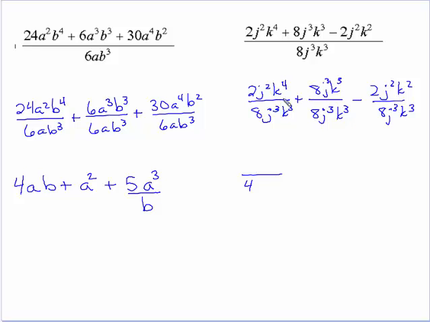I have a 2 and a 3. 3 minus 2 is 1 in the denominator, and then 4 minus 3 gives me 1k in the numerator. 8 divided by 8 is 1. 3 minus 3 is 0. 3 minus 3 is 0, so that leaves me with 1, because 8j to the third k to the third divided by 8j to the third k to the third equals 1. And then 2 and 8 give me a 4 in the denominator. 3 minus 2 gives me a j in the denominator. 3 minus 2 gives me a k in the denominator. And I cannot leave the numerator empty, so I put a 1 in there.